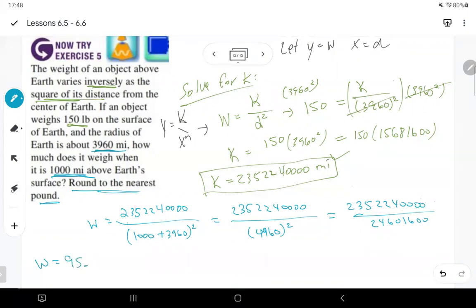So you should get 95.6, which is going to round to a weight of 96 pounds. And I'm good with that. You don't have to write a sentence for that one.